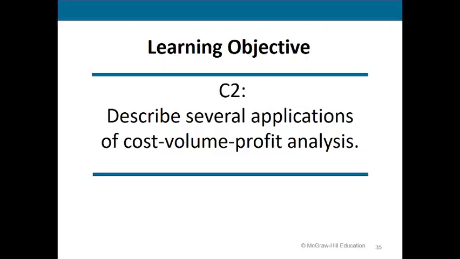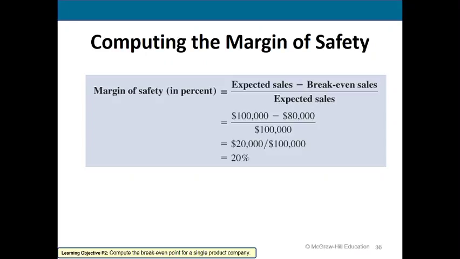All right, moving on, let's talk about some other applications. You can figure out your margin of safety, and that is the amount over which your sales will exceed the break-even point. So you figure out what your expected sales are going to be and subtract your break-even sales, and then your denominator is going to be your expected sales.